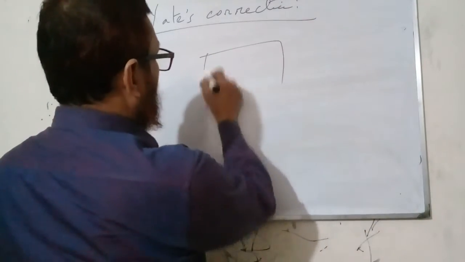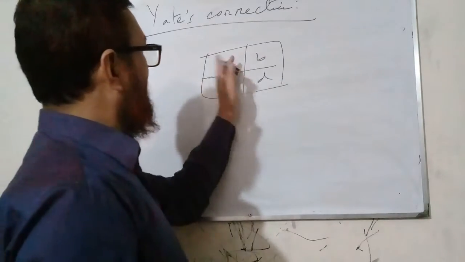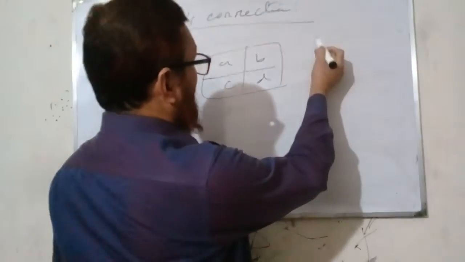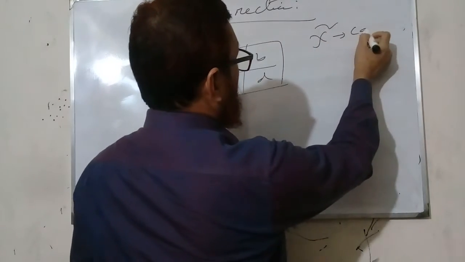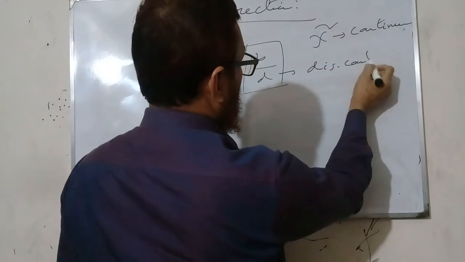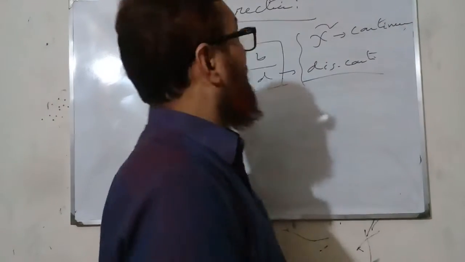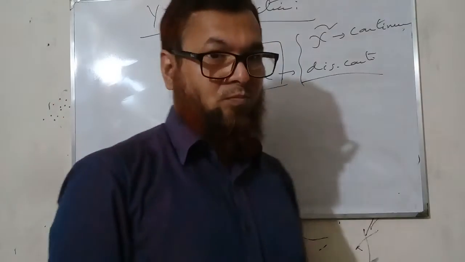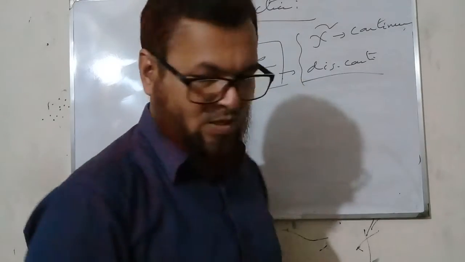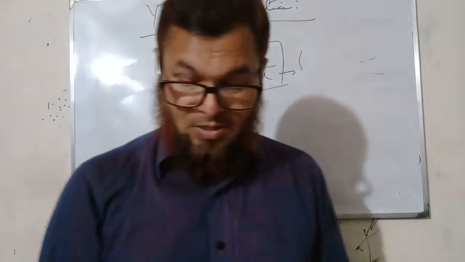This is our 2 by 2 contingency table. This table is discontinuous, but when we use the chi-square test, it is treated as continuous. So to avoid this problem, Yates gave a correction. What is this correction?